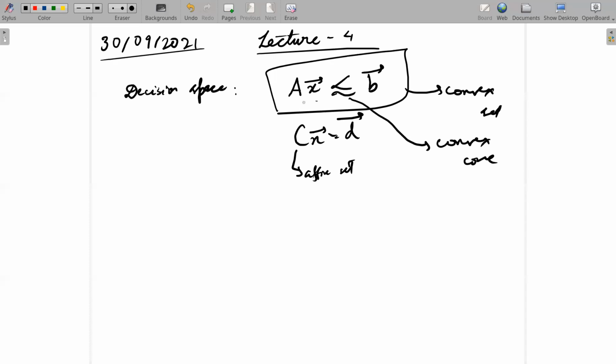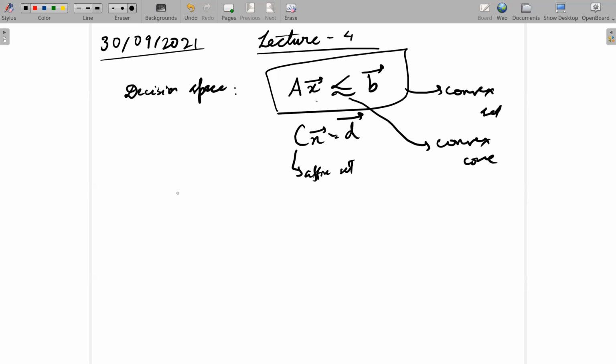From all this, we then started talking about examples of convex sets. The main examples I mentioned, the building blocks of any convex set, although we have not proved that so far, is that any convex set is in fact an intersection of half spaces. That's why hyperplanes and half spaces are important.